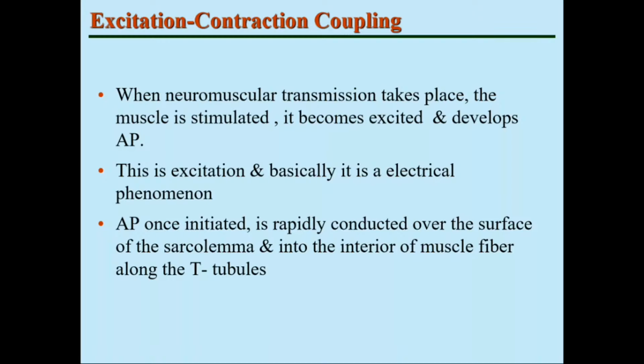Alright, now let us recapitulate the events right from excitation of a neuron to the contraction of muscle. The first event will be generation of an action potential in a motor neuron.